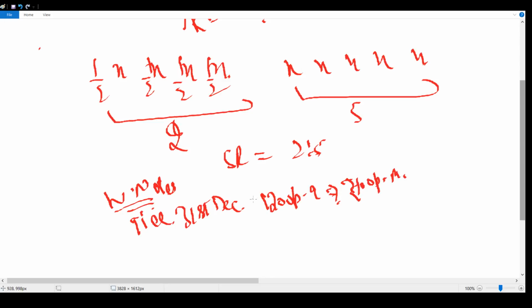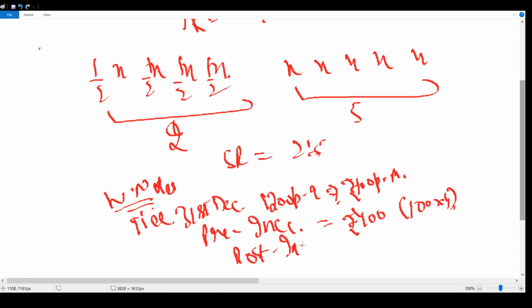Pre-incorporation rent is 400, that is 100 into 4. And post-incorporation rent is 2 into 100 plus 250 into 3. That comes out to be 950.